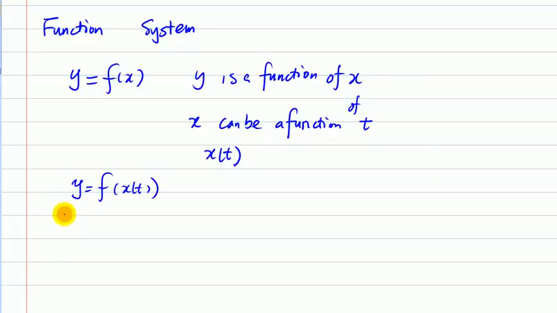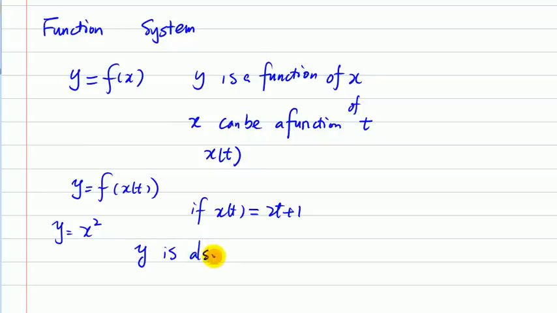Let me give you an example. Let's say y equal to x squared. Then if x is a function of t, let's say 2t plus 1, ultimately your y is also a function of t.